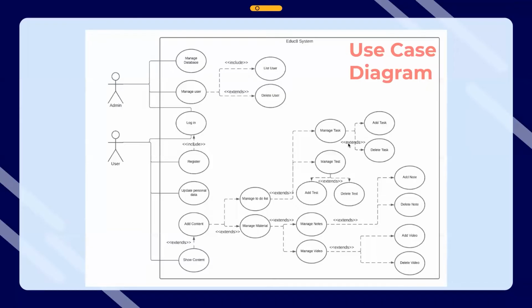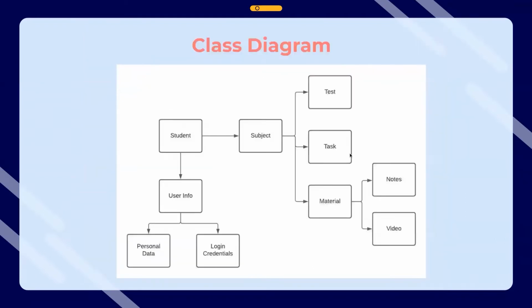We want to continue with the UML diagram. The first diagram is the user diagram. In this diagram, we can see the relation of the users and the system. Next, in the class diagram, we can see the relation of the classes in our project.